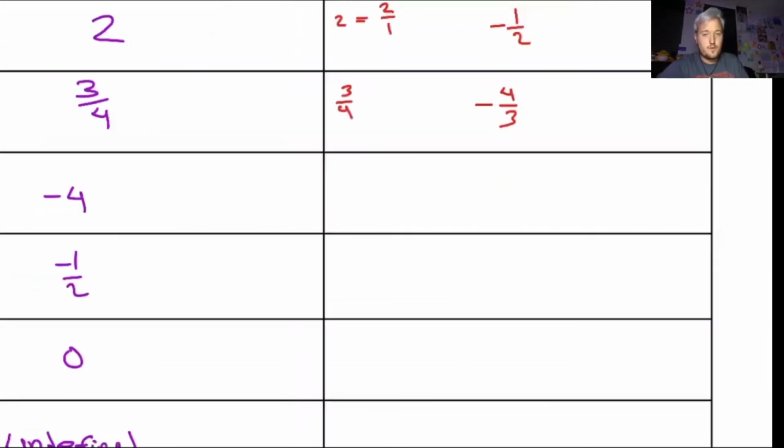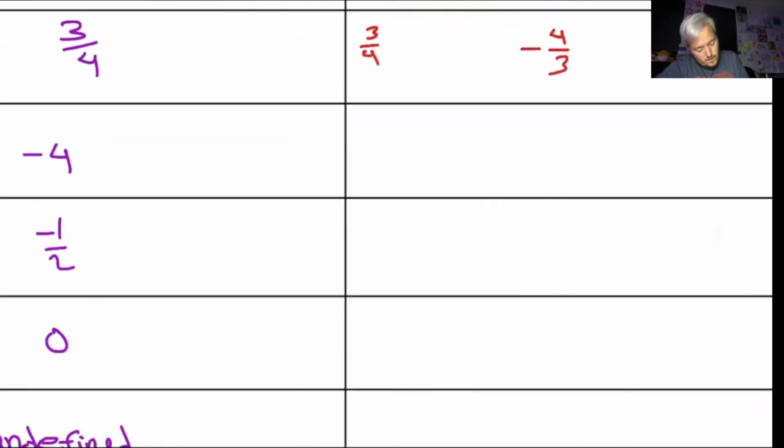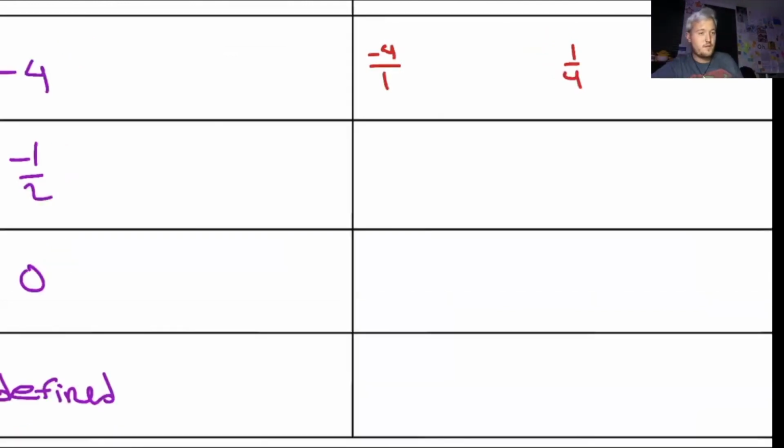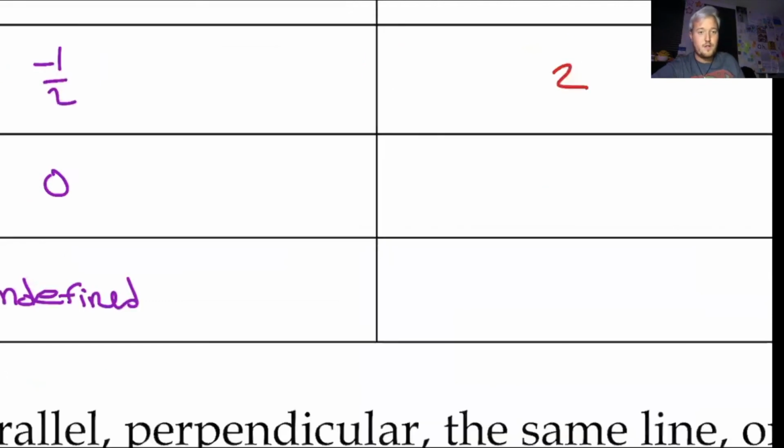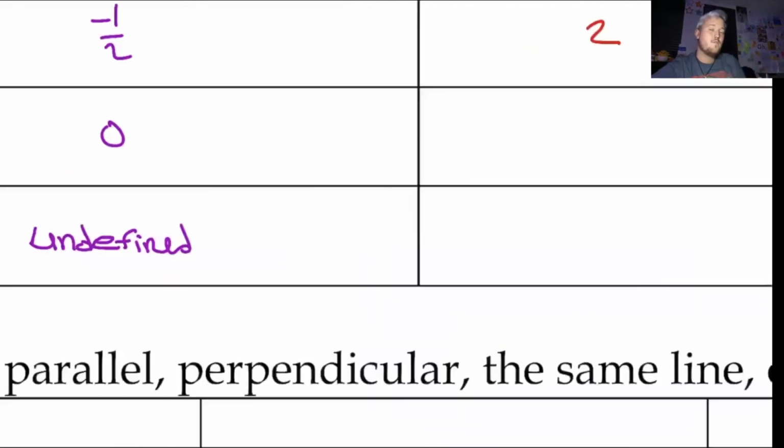All right, so for -4, I have -4 over 1. So that's going to go to positive 1/4. Negative to positive, 4 over 1 is now 1 over 4. So it flips. All right, then -1/2, opposite reciprocals, +2. Now, these last two are a little bit more tricky.